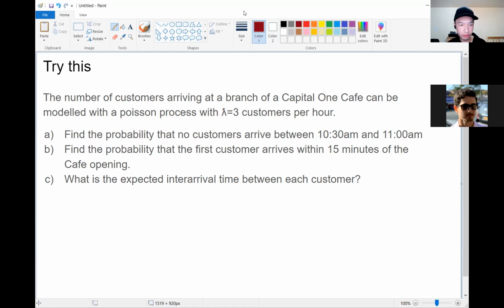Because that will dictate which random variable to use. So what do you guys think?